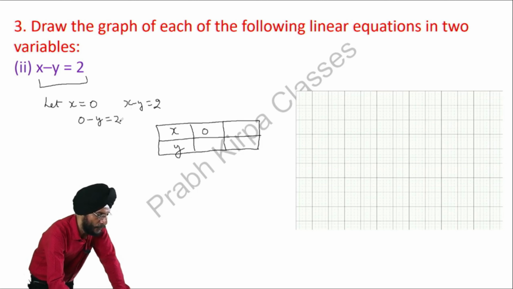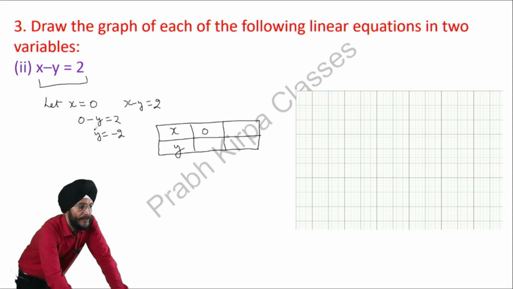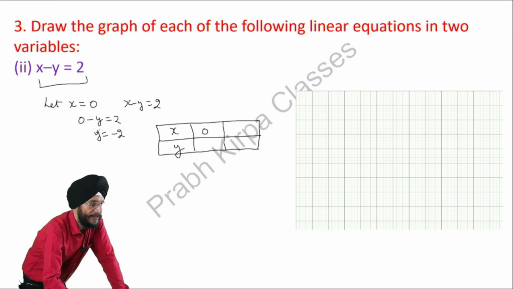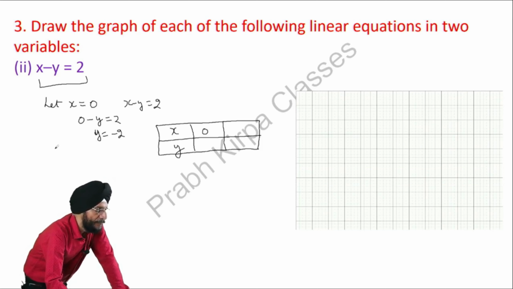Minus y is equal to 2, and here y becomes minus 2, because we divide both sides by minus, and the result is y is equal to minus 2. Then let y is equal to 0.